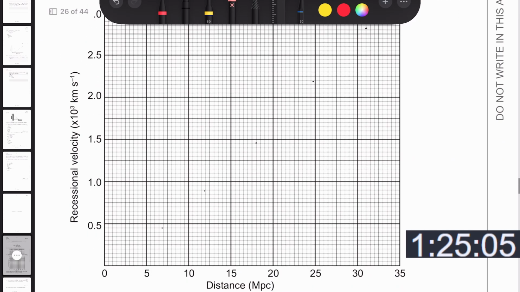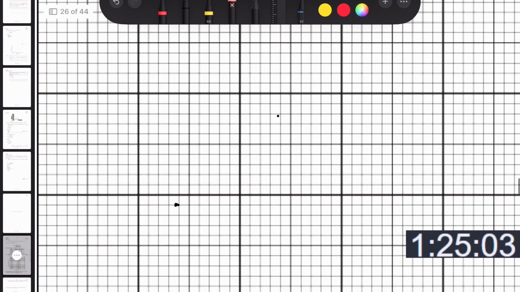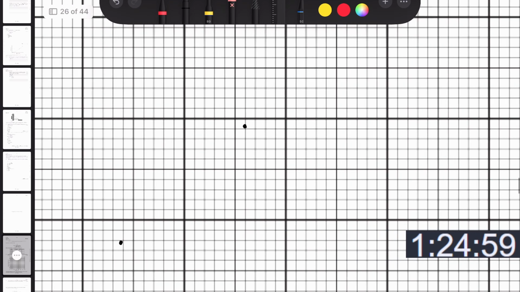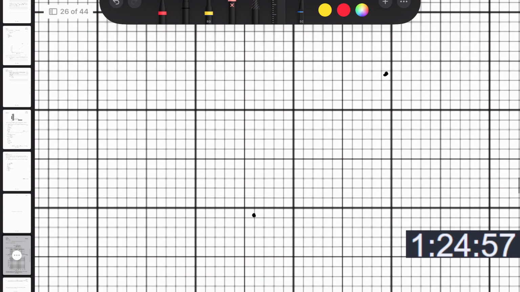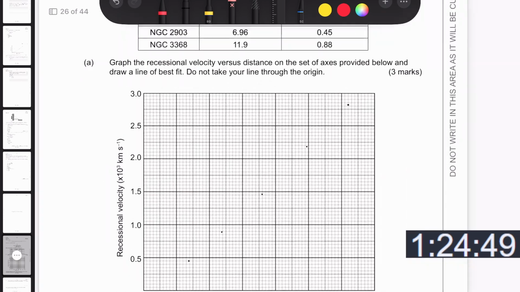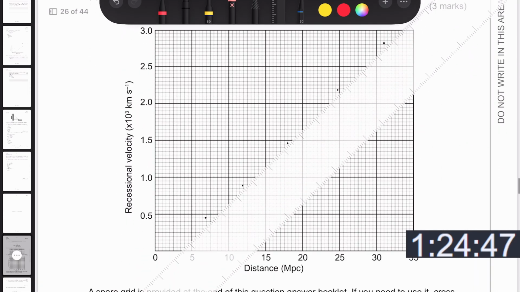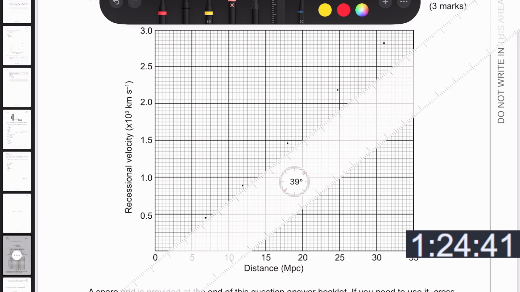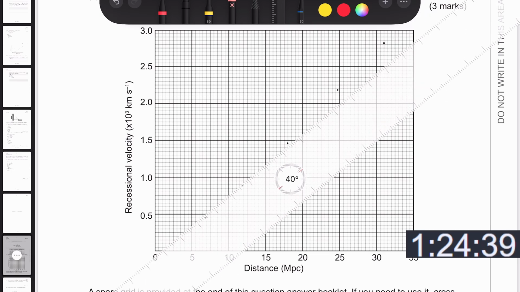And draw a line of best fit. So let's make these points a bit bigger, a bit fatter. Up there, and there. Okay, now we can take this. Oh, I don't want 45 exactly, come on.